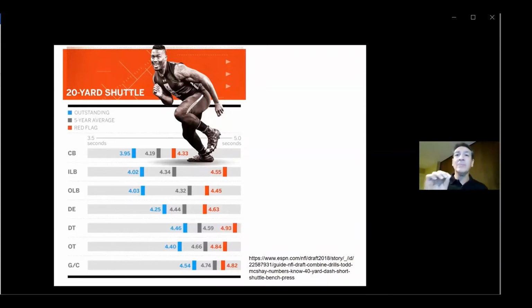The nice thing about this from a clinical standpoint, though, is we have measures of what's normal, what's outstanding, and what are red flags. And so I think for clinicians in a rehabilitation world, it'd be great to have these numbers, not only from a clinical perspective, which I think is in the safer environments, but also from the return to sport perspective.